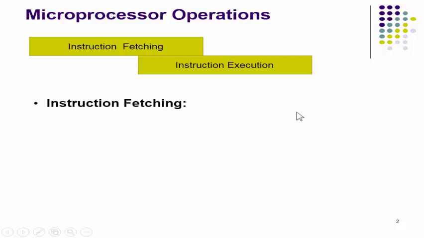About instruction fetching, the microprocessor fetches the opcode from the memory to perform the operation. As we know, depending on the hexadecimal opcode, the microprocessor decides to perform a specific task. So during the operation, first the microprocessor fetches the opcode from the memory.